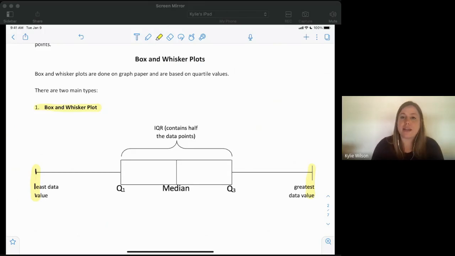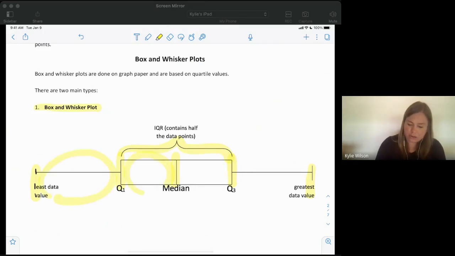Now, the other pieces that we want to denote are our first quartile, our second quartile or the median, and our third quartile. Just like before, our interquartile range contains half of our data points, right? Because there's a quarter of them here, a quarter of them here, a quarter of them here, and a quarter of them here. So in that little range is half of our data points.